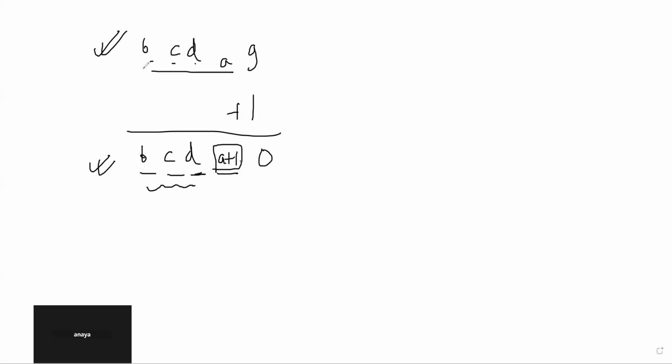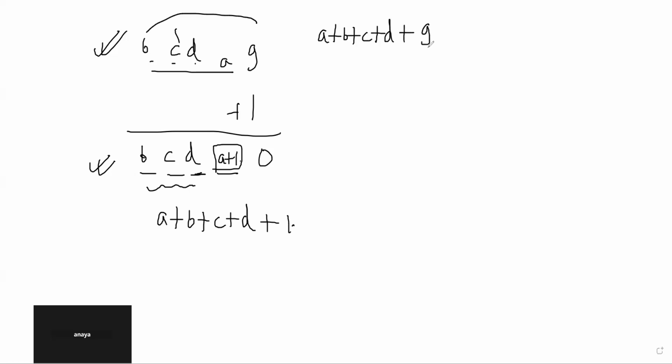So for the old number, the sum of the digits here must be even. For the new number, if you think about it, the sum of the digits is A plus B plus C plus D plus 1, right? And here it was A plus B plus C plus D plus 9, right?